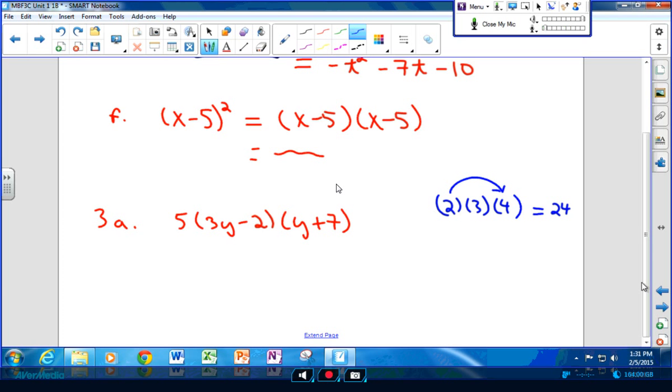So when you look at 3A, what we have is 5 times 3y minus 2 times y plus 7. So there are 3 things that are being multiplied together. Now, if you're listening in, you're not going to be able to see this, but the things being multiplied together are the 5, and then 3y minus 2 is another thing because it's an expression in brackets, a binomial, and then y plus 7 is the third thing.